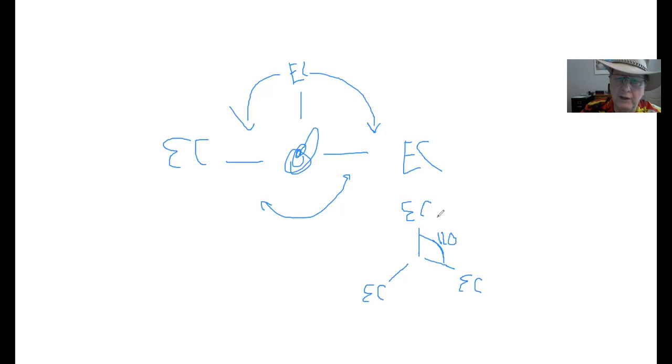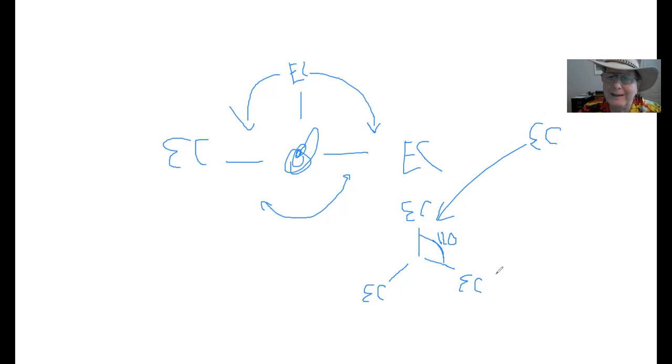Now, if I shove another electron cloud in here, how many points make a plane, guys? We're going to go back to geometry. How many points make a plane? 3. I have my 3 points.